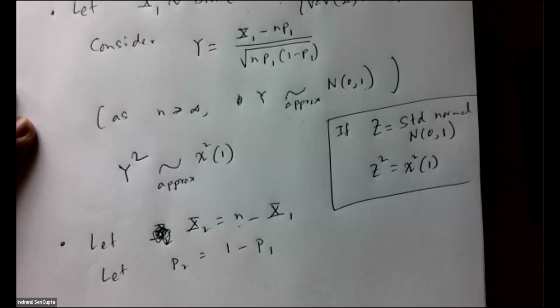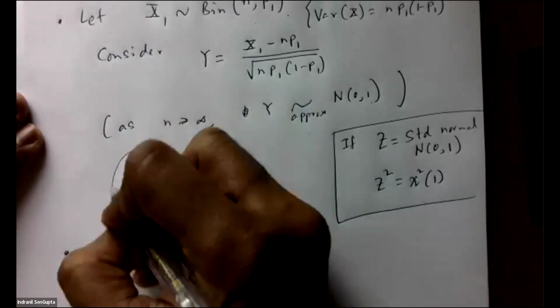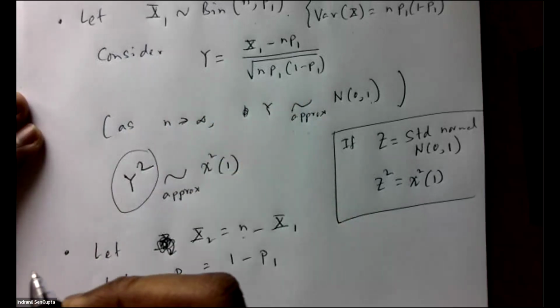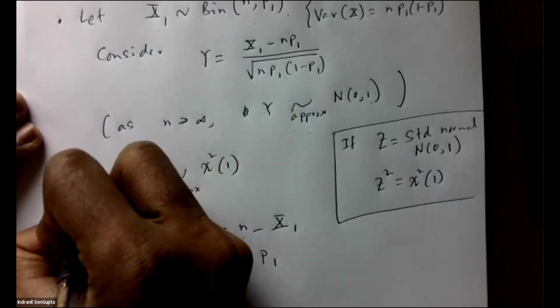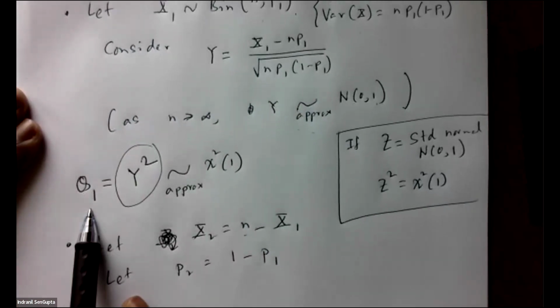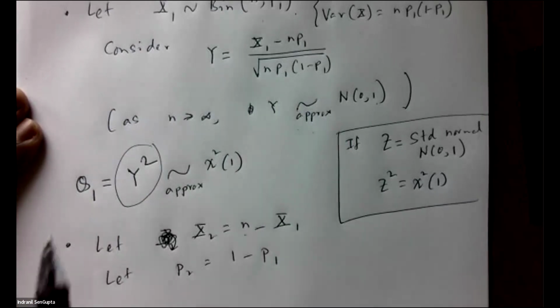Now let's call y squared by a name, q1, since it simply follows 1 degree of freedom.